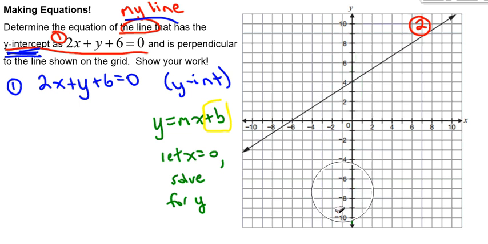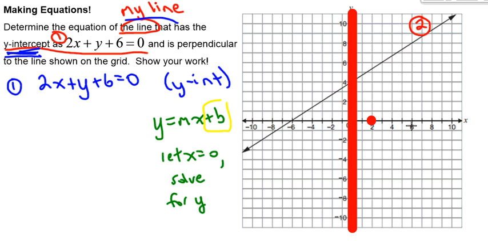So if I want to know where my line crosses this, what I know is that every point along this now red line, the y-axis, is where x is equal to 0. So if x is 0, so it's not at 2, which is over here, it's not at 8, it's not at -6, it's at 0, then the y value will be somewhere on the y-axis.